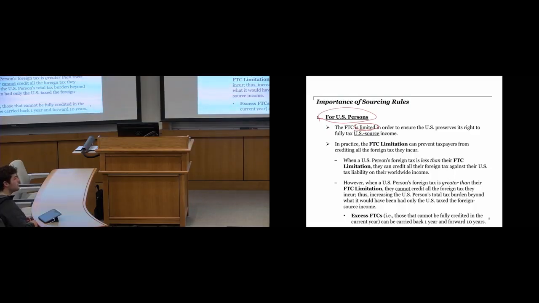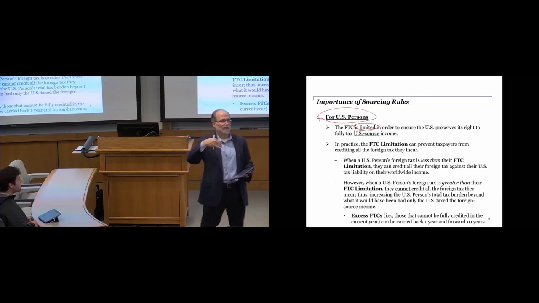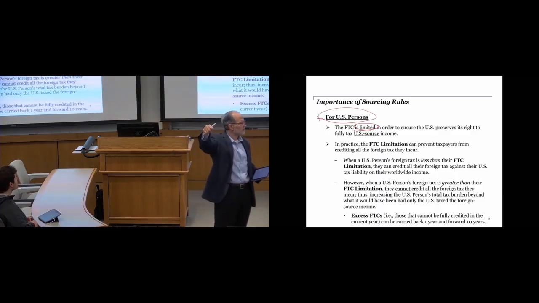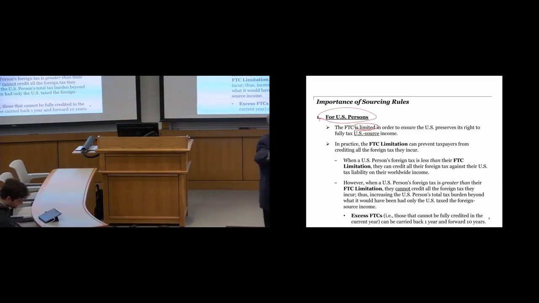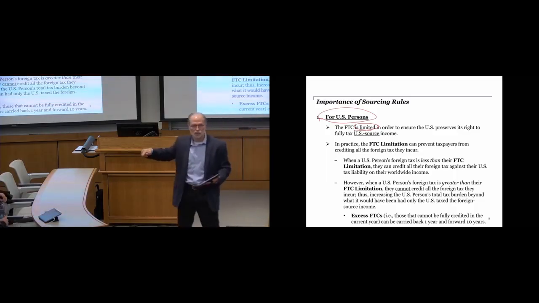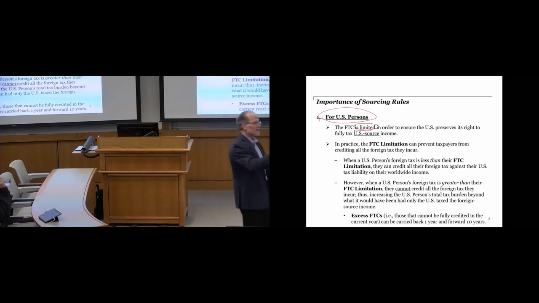That would have forced the issue: if I gave too much credit for foreign tax in excess of the U.S. tax rate, then the U.S. is effectively ceding the right to tax U.S. source income to a foreign country. If you know anything about our current leadership in Washington, D.C., that would not be something they would be in favor of, right? They're not going to give up the right to tax U.S. activity to any country. Okay? So the FTC is the limitation that guards against that.